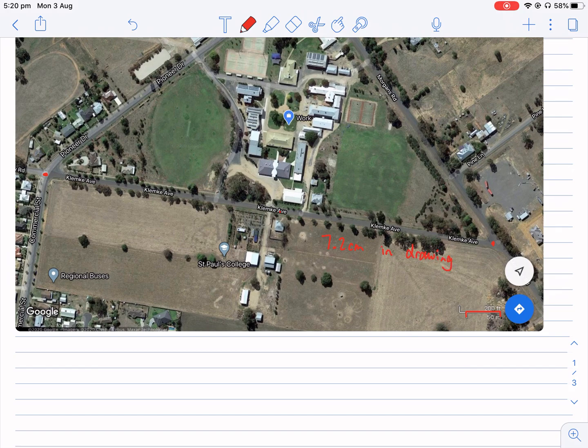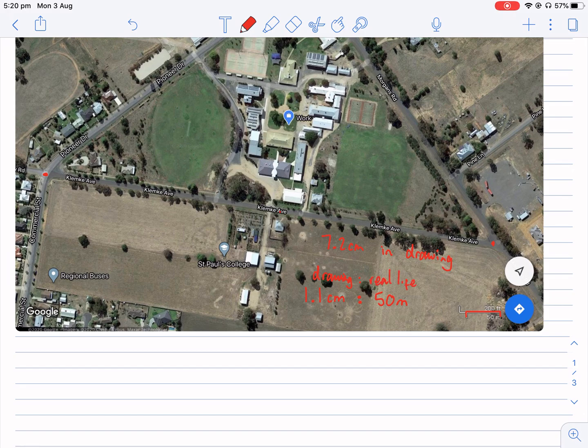But what if I wanted to know how long it was in real life and I couldn't use the thing on Google Maps that you can literally use to tell you this? Well, in the scale, I've got 1.1 centimeters means 50 meters in real life. This is the drawing, and this is real life.